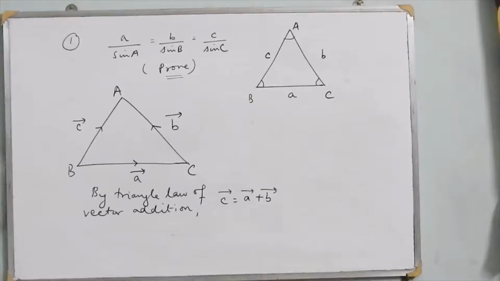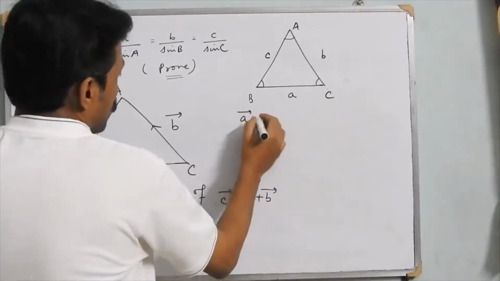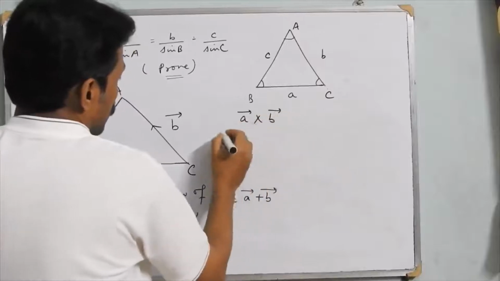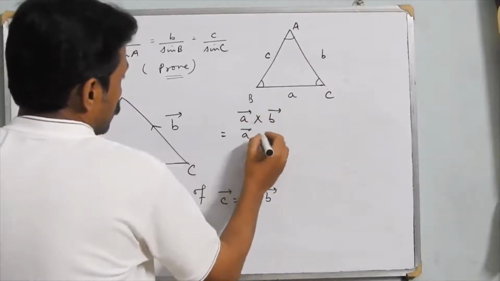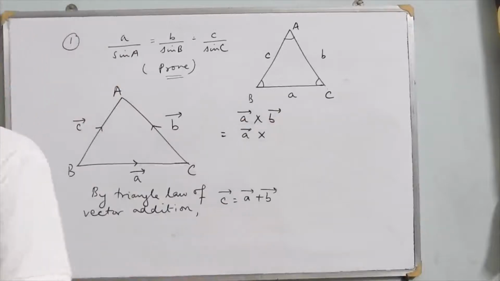So if you take the cross product of A with B, let us find A vector cross B vector.